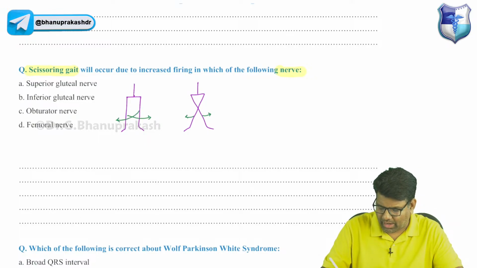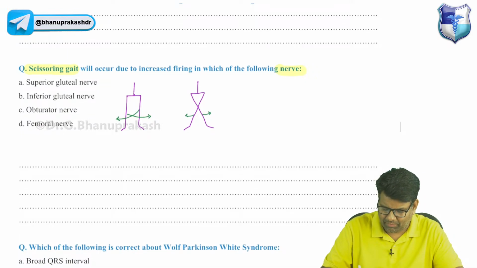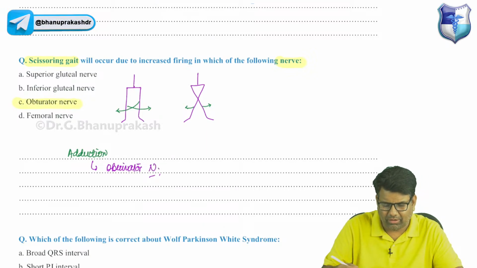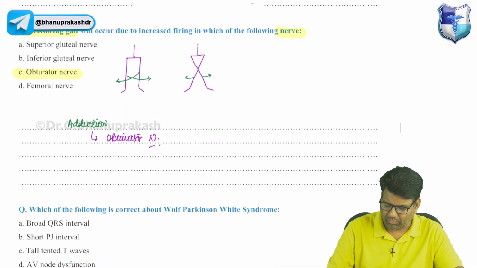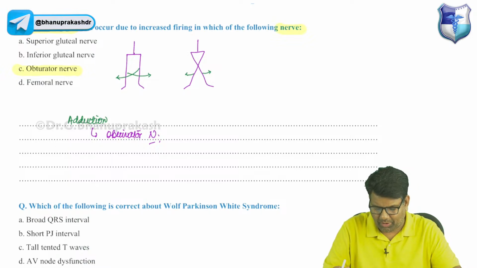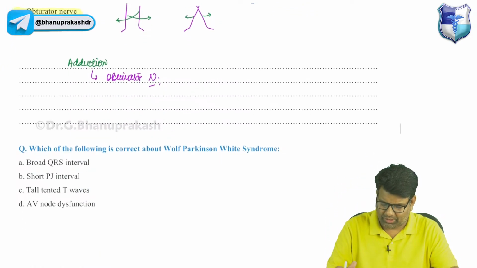We can have cerebellar causes, but in terms of nerves of the lower limb, there is adduction of both sides, and the adductors are supplied by which nerve? Adductors are overactive, and since they are supplied by the obturator nerve, we can mark the answer as obturator nerve.